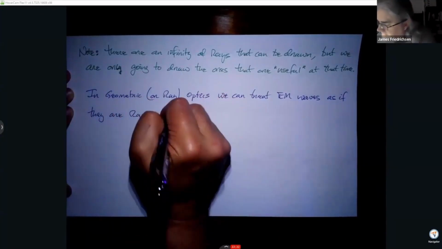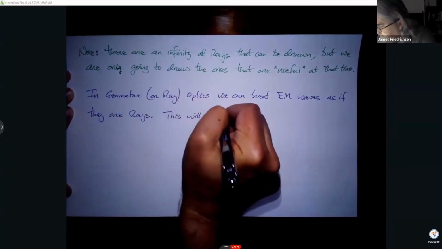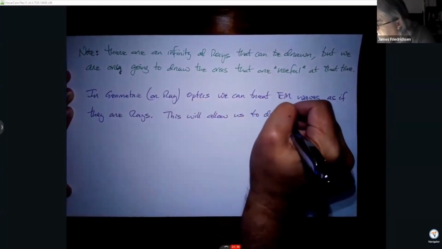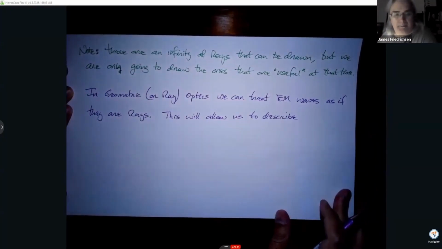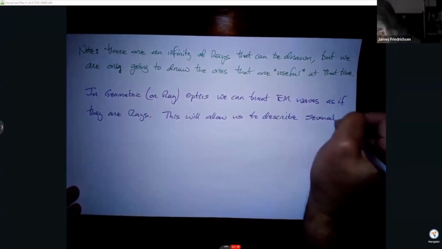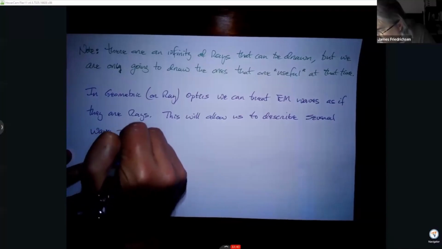And this will allow us to go in and describe several wave properties.